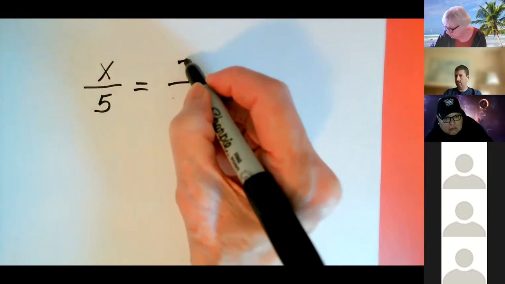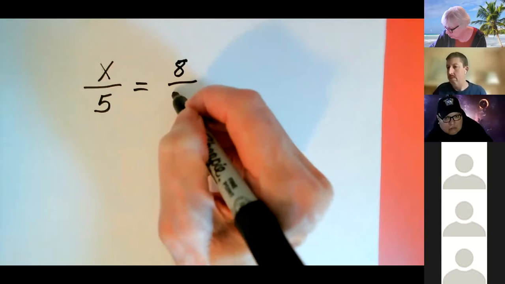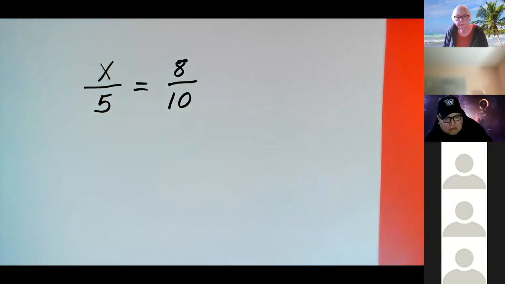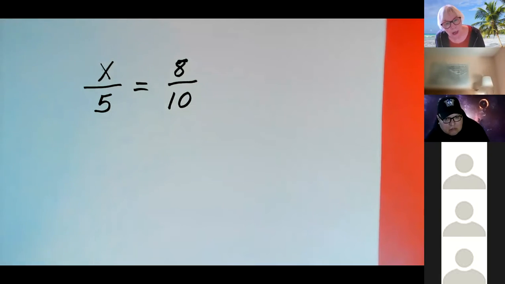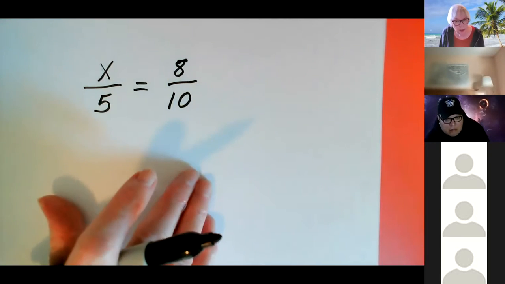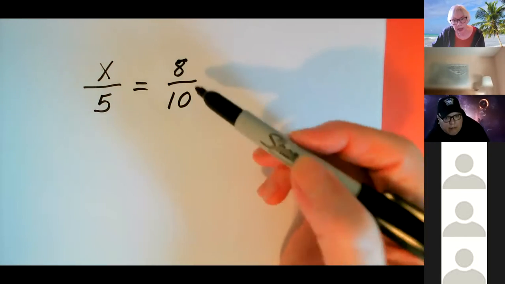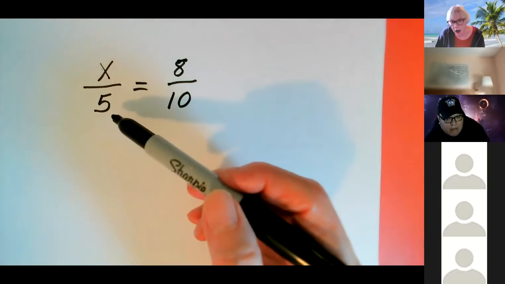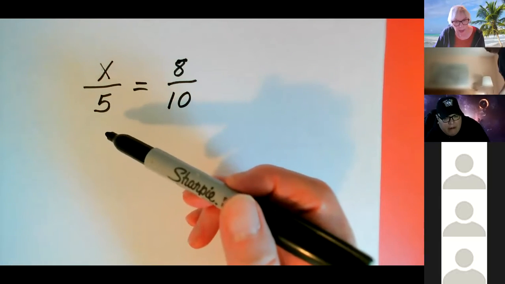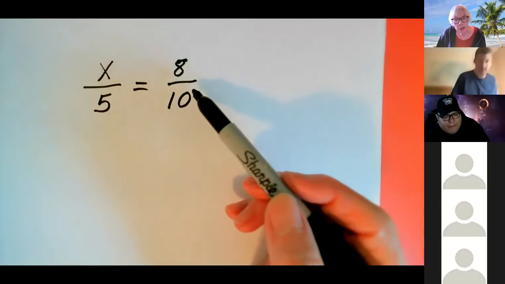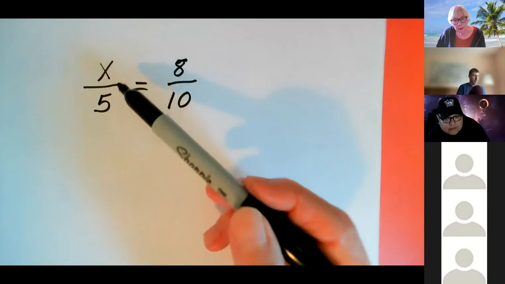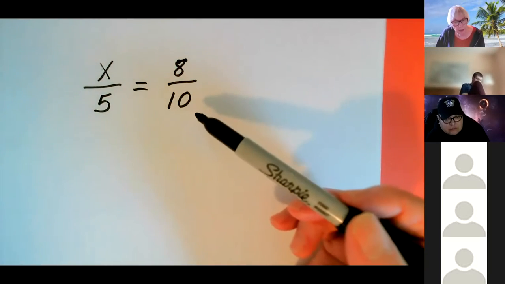Now, it may be obvious what the answer is, but I just use this example because many times it isn't obvious. This is 8/10. This will be 4/5. And so you might have figured that out already. But this is a proportion. And so it's a simple fraction equal to a simple fraction.